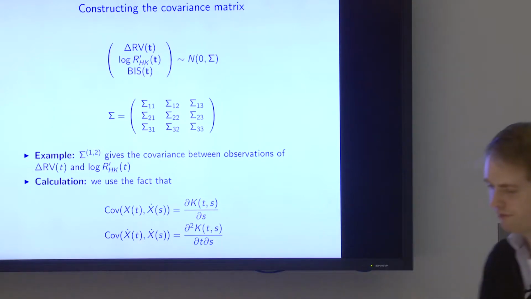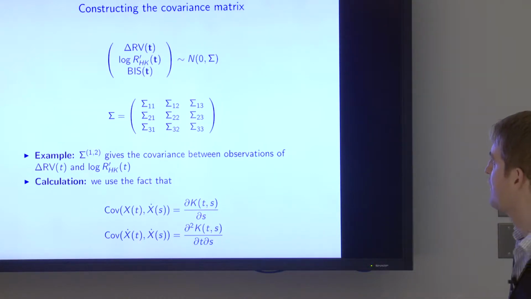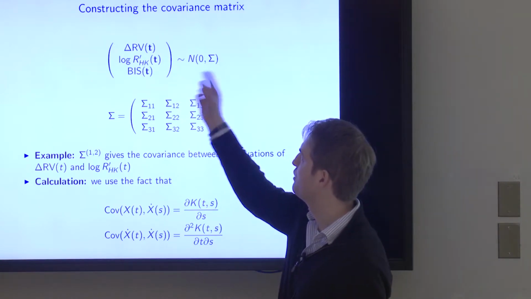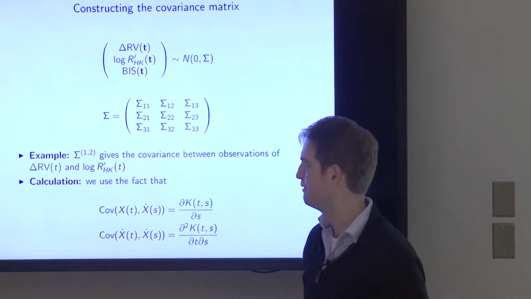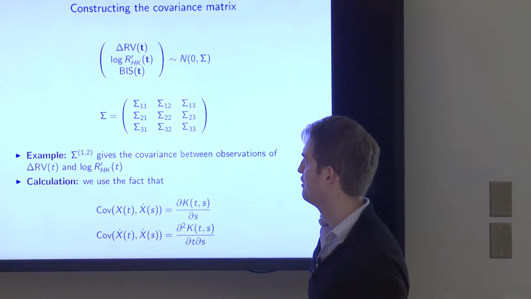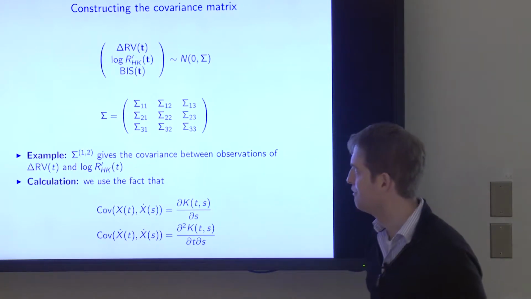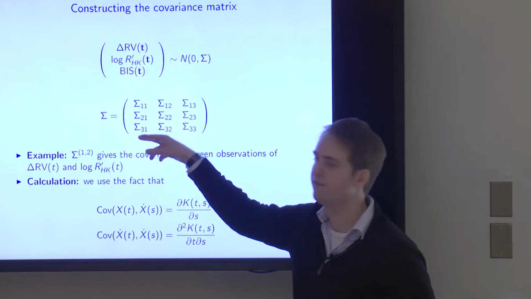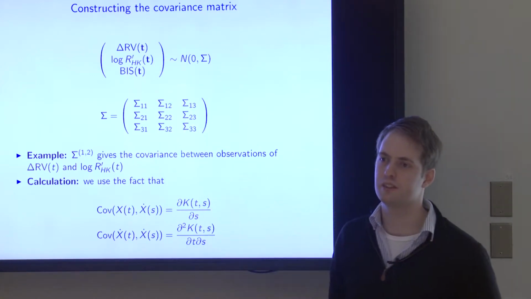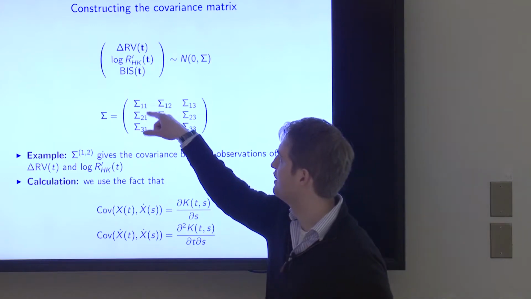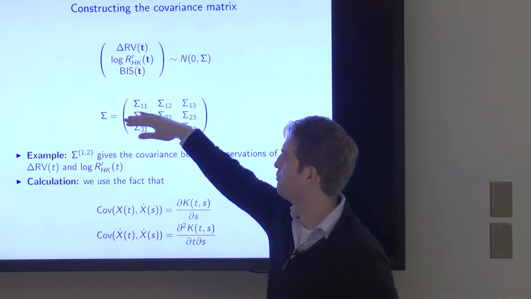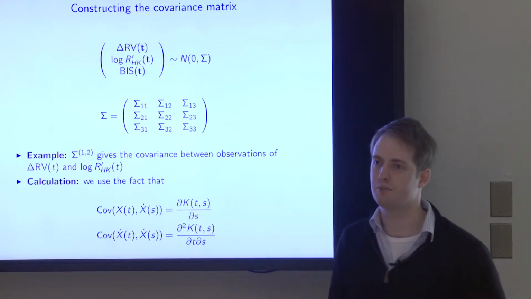Okay, so again, their model is just these three outputs follow a normal distribution. And a normal distribution looks something like that, where the first row corresponds to the radial velocity time series, and the first column involves terms. If you were just to fit the radial velocity time series by itself, you would just have that sigma 1,1.